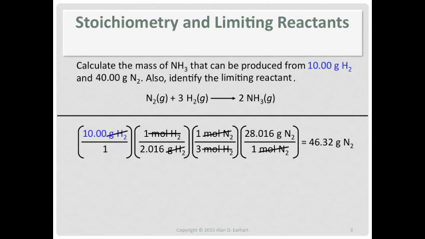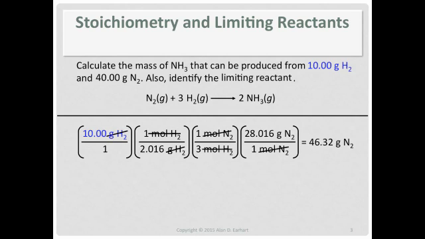So the first thing I do is, I look at the mass of hydrogen gas, and I see that with 10.00 grams of hydrogen gas, I need 46.32 grams of nitrogen gas. Grams to moles to moles to grams between H2 and N2. But then I notice that I don't have that much nitrogen gas.